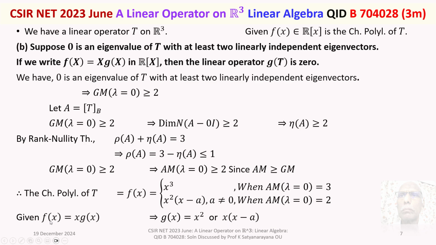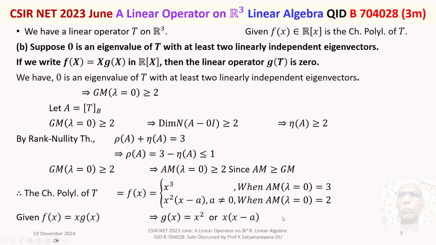So given f of x equal to x times g of x will imply g of x is either x square or x into x minus a. Our question is, is g of T, that is T square, equal to 0? Is g of T multiplied by T minus aI equal to 0?